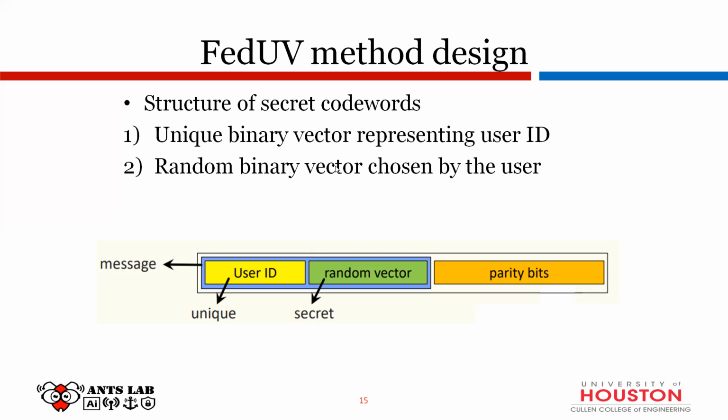And those users have secretly protected code words, and those secret code words are called secret vectors in this paper.